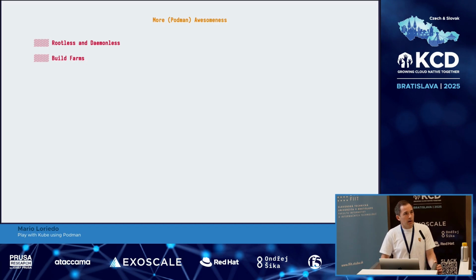Another thing that is not well known are build farms. Build farms allow you to add some external host to your current Podman instance, and you can tell Podman, hey, if you want to build for, I don't know, an ARM architecture, use that host.